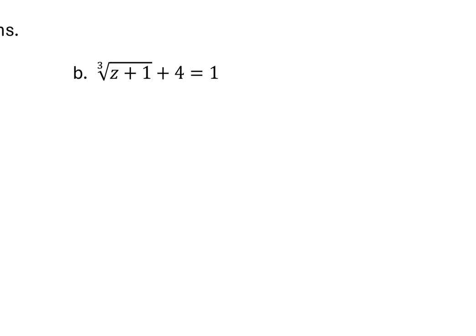Anything that is outside the root, we want to subtract or move to the other side. So I'm going to get rid of my plus 4. It is not inside the root. And we get the cube root of z plus 1 equals negative 3.